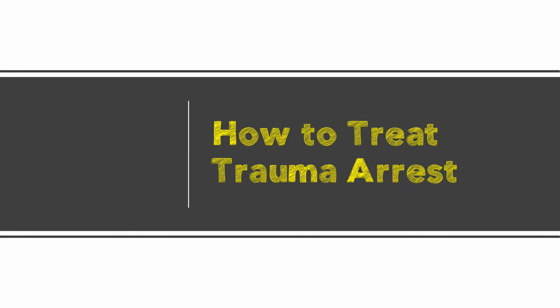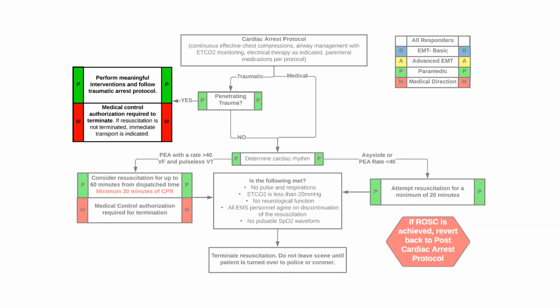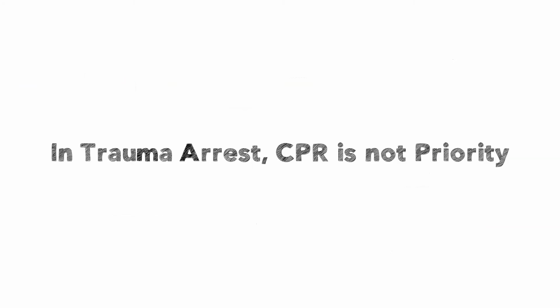So how do we treat trauma arrest? You'll see that in the protocol, there's a caveat for trauma arrest, specifically for penetrating trauma, but it also applies to blunt trauma. It says perform meaningful interventions. What are meaningful interventions? Well, is CPR a meaningful intervention? In fact, it's not in trauma.